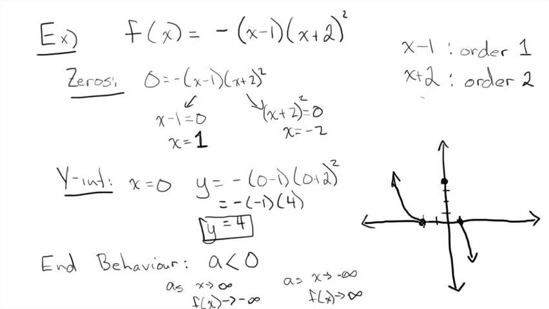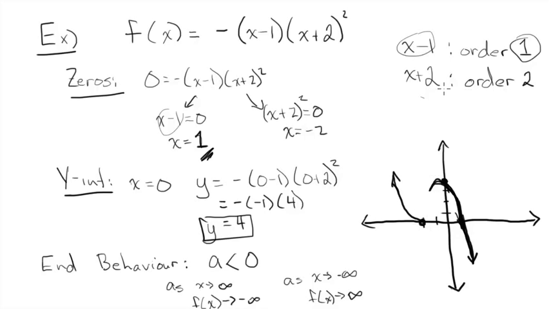But now I need to decide what the function looks like around these x-intercepts. So the x-intercept of 1, that was this factor, that had an order of 1, which means I look like a linear around 1, meaning I'm going to go through that 0. So I cross the x-axis there.